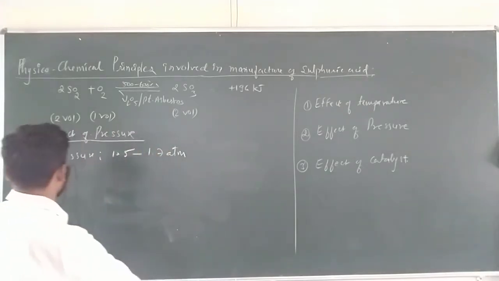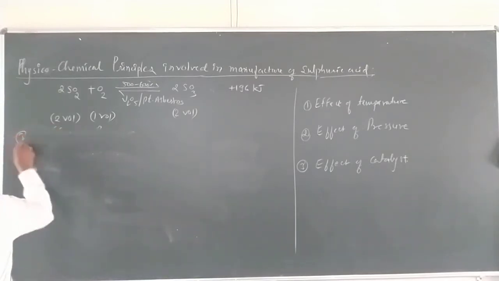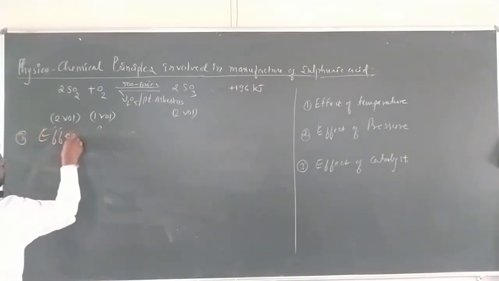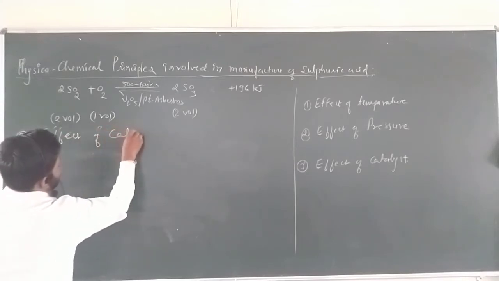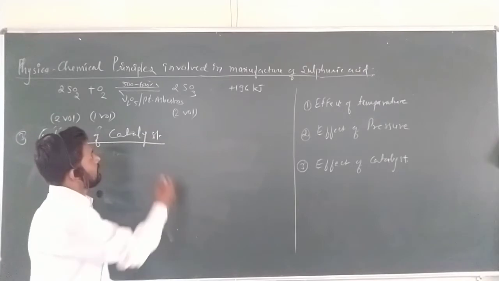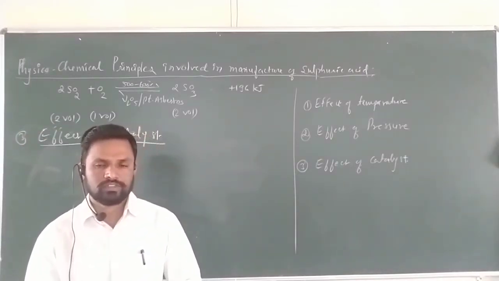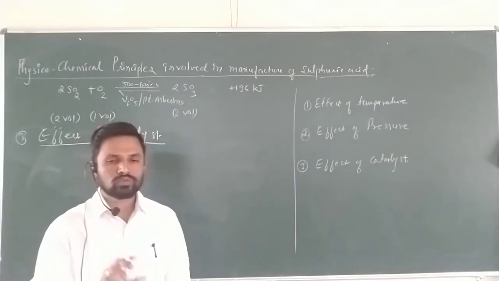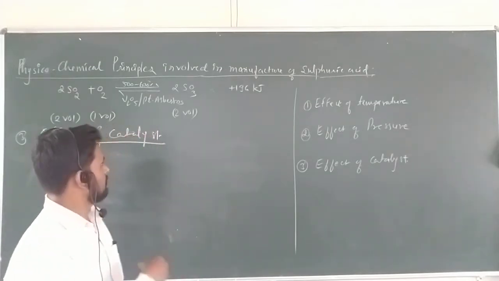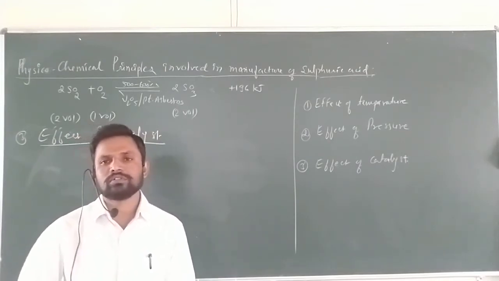Okay. And the third one, which is again very important, is the effect of catalyst. Here, the catalyst is very important, because from the beginning we have been writing that it is either vanadium pentoxide or platinum asbestos, and either can be used for the conversion of SO2 to SO3.